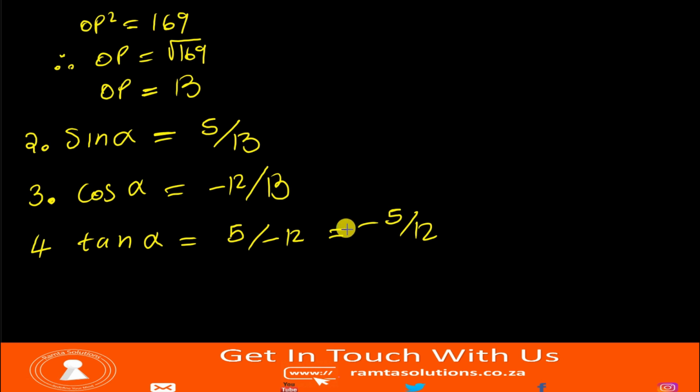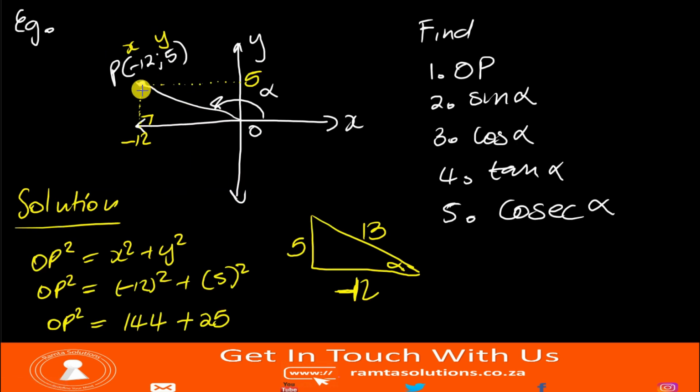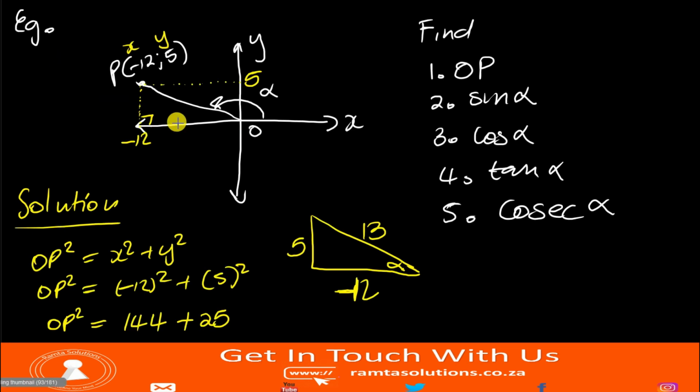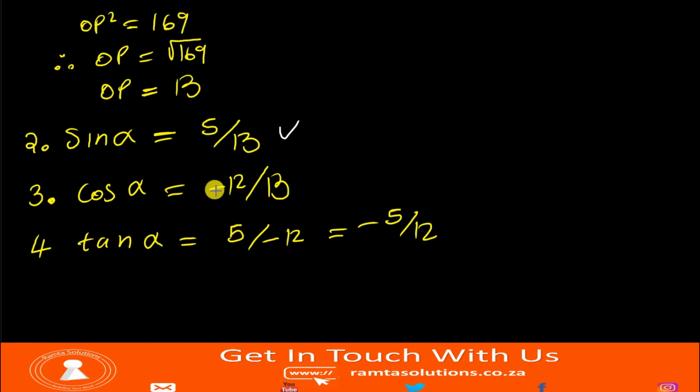Something that I wanted to explain is this. When you look at this point here, this angle alpha is in the second quadrant. In the second quadrant, sine is positive. Cosine is negative.